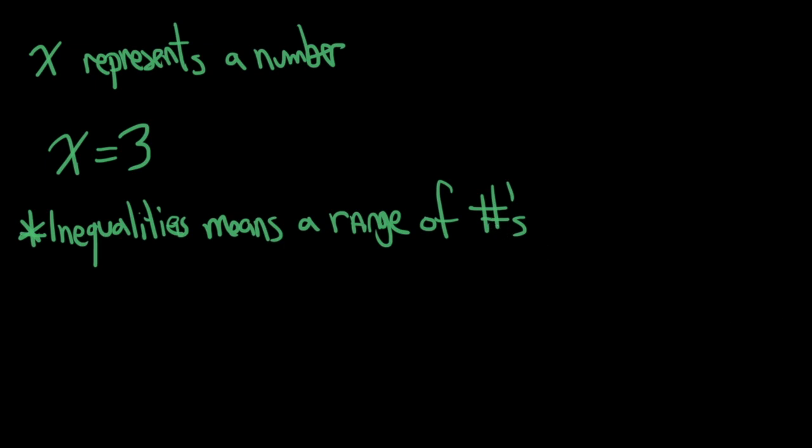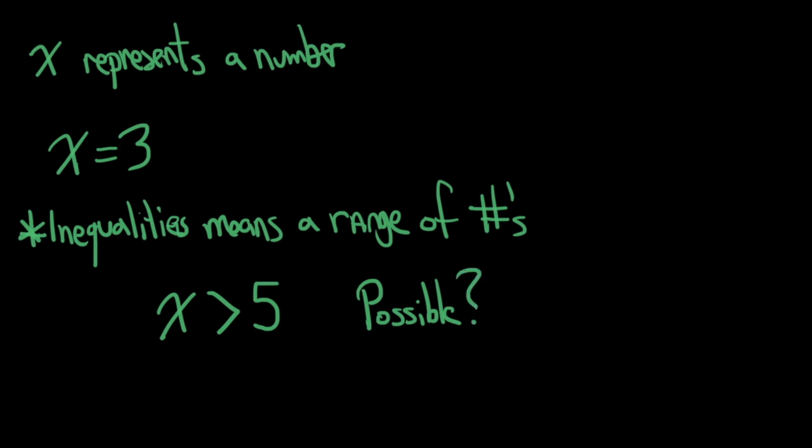Let's just say we had something that said x is greater than 5. Well, what are all the possible answers? I said x is going to be greater than 5. So what's possible for that? Can you think of some different examples?